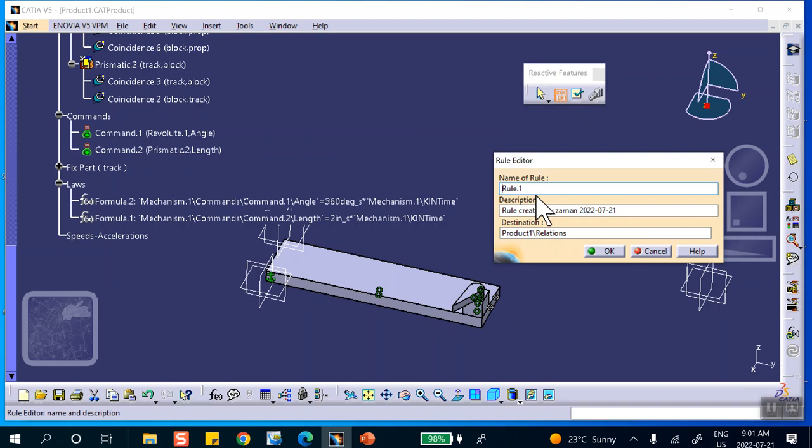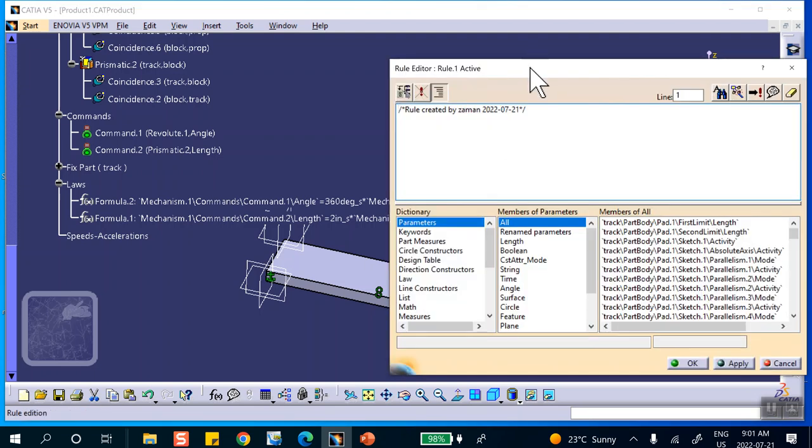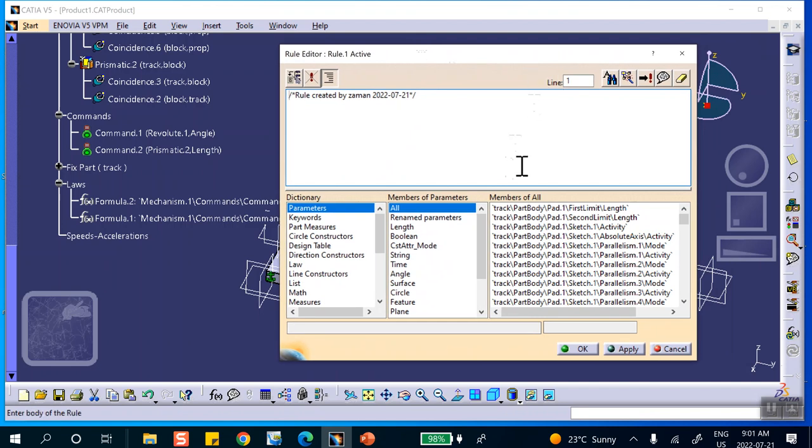I can call it my rule. Rule number 1. Basically, you may have several rules, so give it a meaningful name. In this case, not an issue. It also shows the creation time, by whom it was created, etc. And you click on it, and you get this, which is the rule editor dialog box.